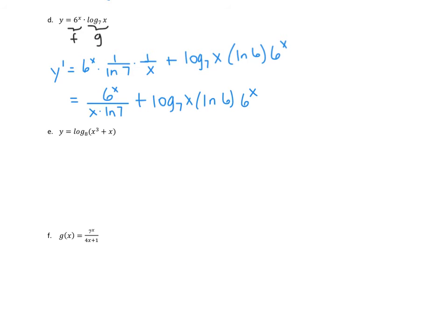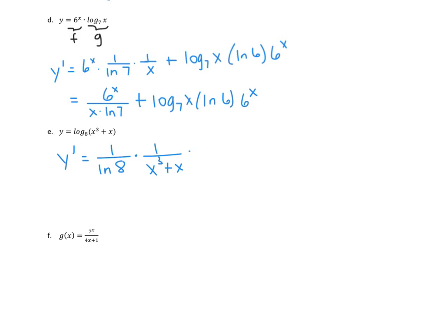The next problem, we have y equal to log base 8 of the quantity x cubed plus x. And in taking the derivative here, we're going to use the chain rule since we have more than just an x inside the logarithm function. So the derivative y prime is going to look like 1 over the natural log of our base 8 times 1 over x cubed plus x, since that's everything inside the logarithm function, times the derivative of the quantity inside the logarithm function.